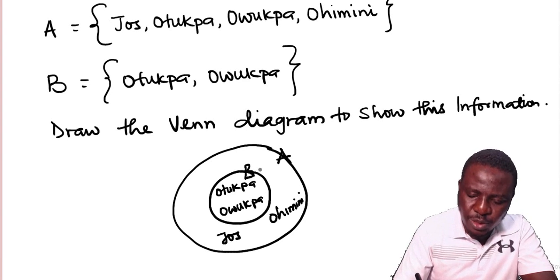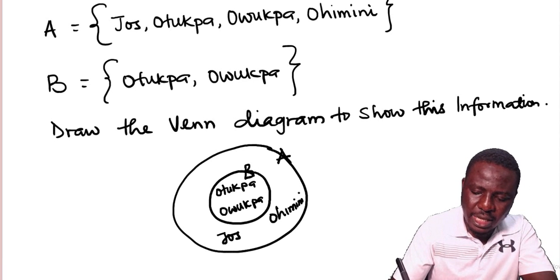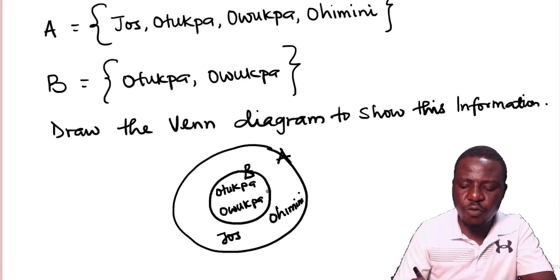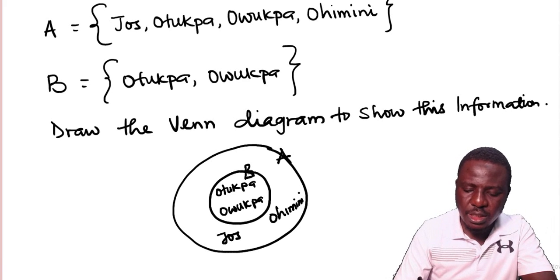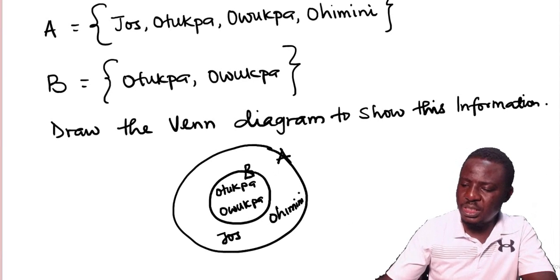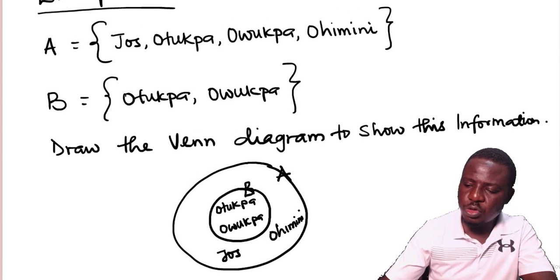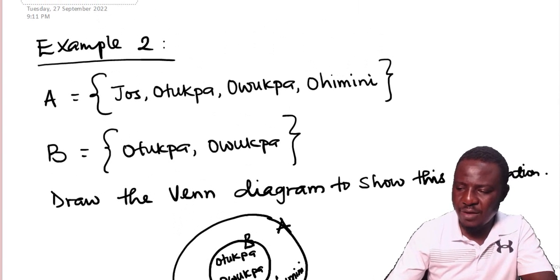Since B is a subset of A, this is the best way of representing it, showing you that set B only contains Otukpa and Oukpa, while set A contains Jos, Ohimini, Otukpa, and Oukpa. So this is how to draw the Venn diagram to represent this information.